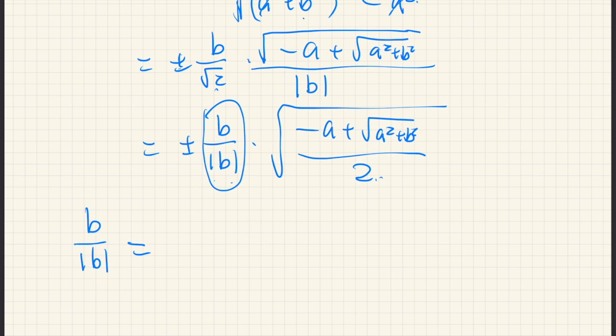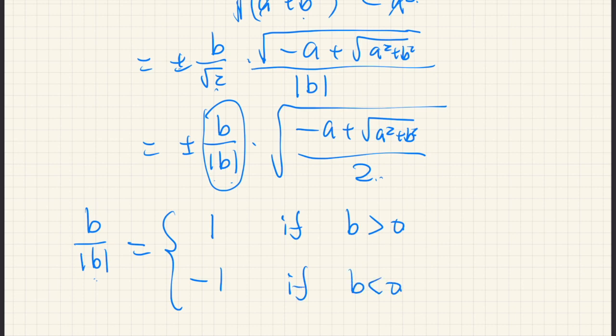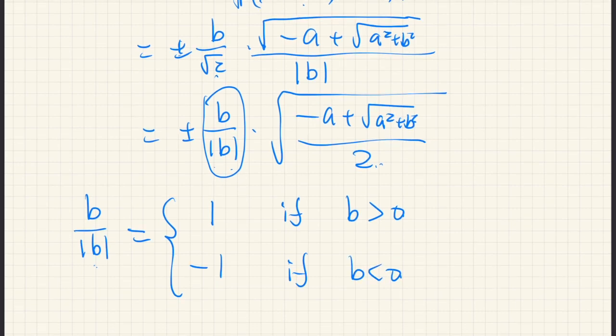If b is positive, then b over the absolute value of b is 1, right? So this is equal to 1 if b is positive, and equal to negative 1 if b is negative. We're assuming b is non-zero, so we do not consider that case here.